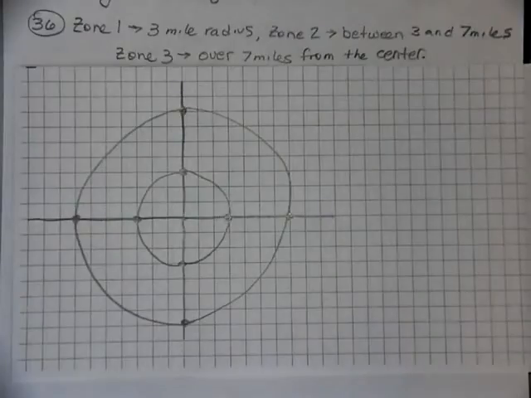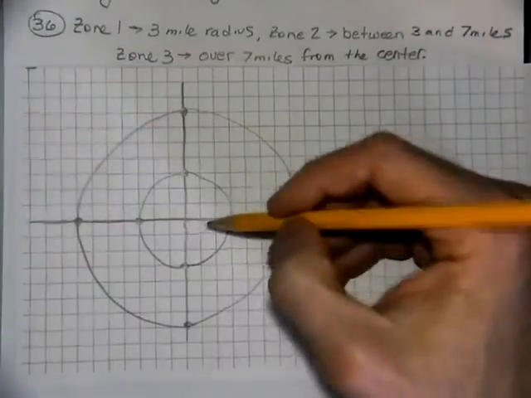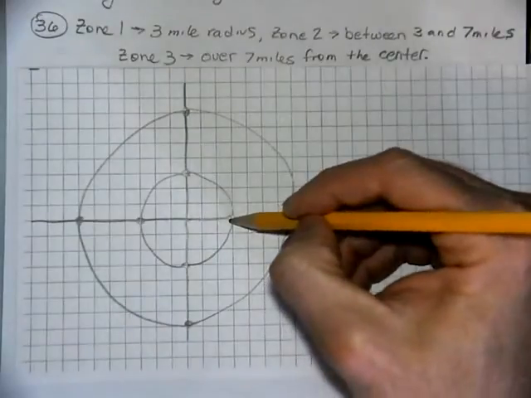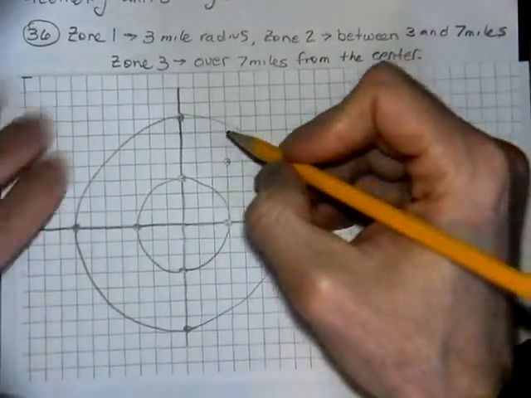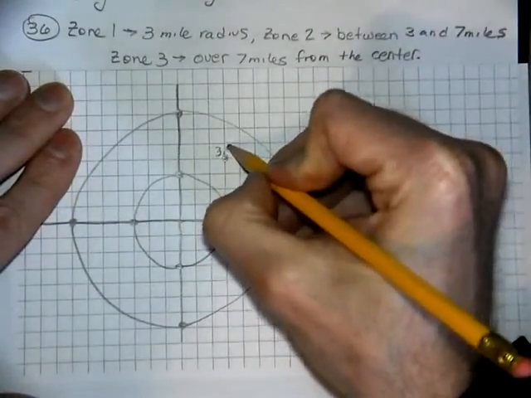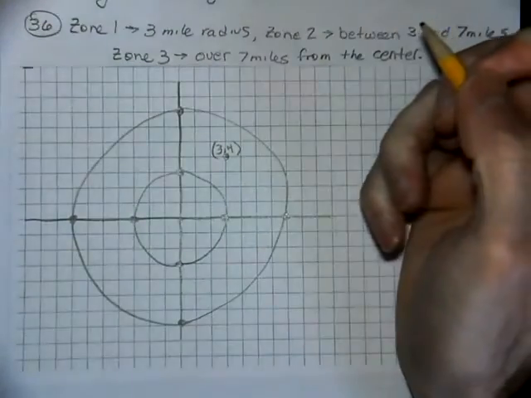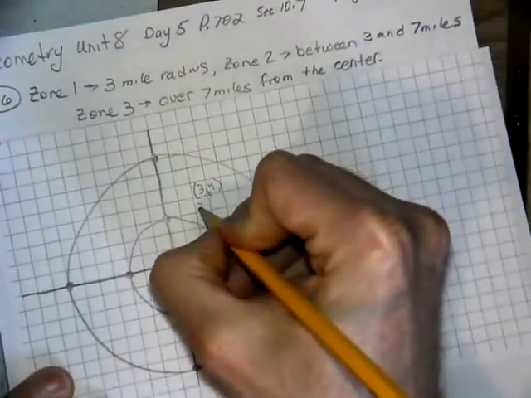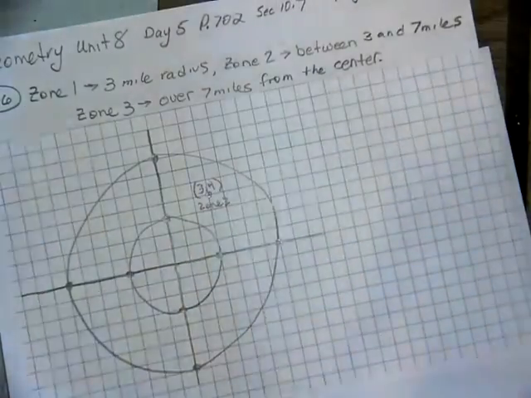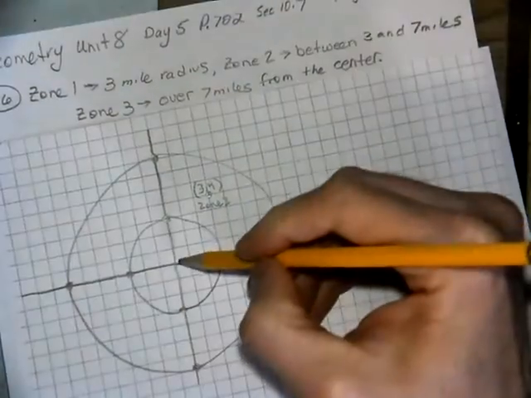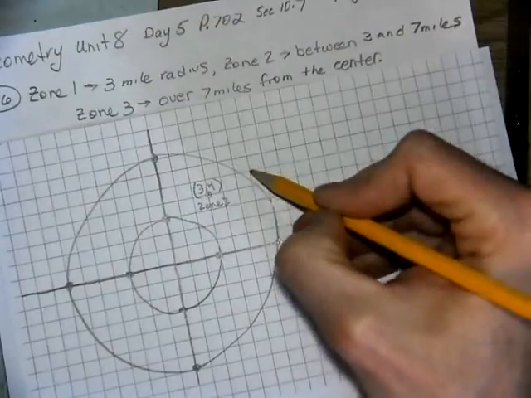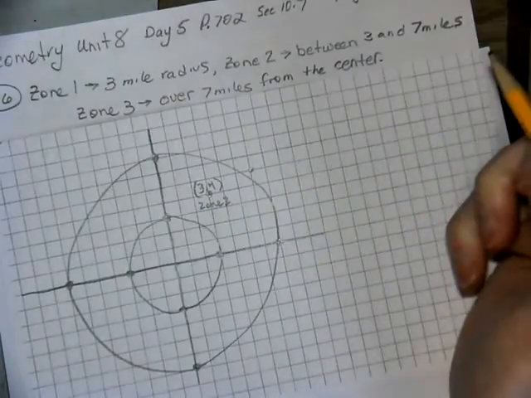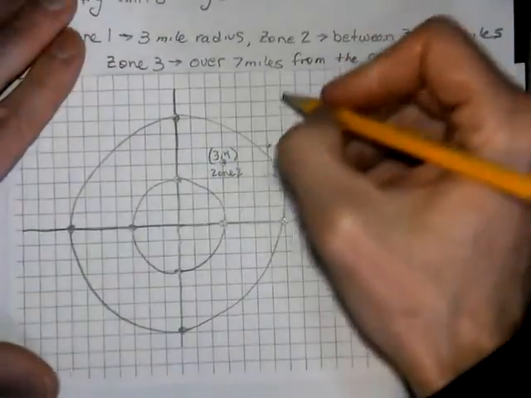Now what we're looking for is to find which zone the people live in. So if we're at 3 over and 4 up, 3 comma 4, that's in zone 2. 6 comma 5, on my picture, that's looking like it's outside.